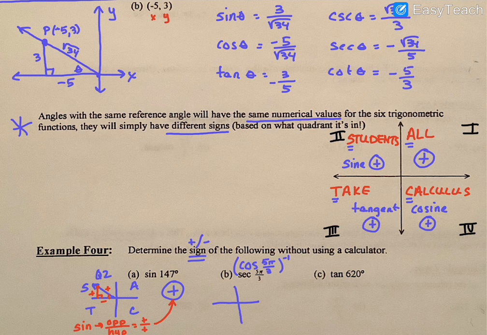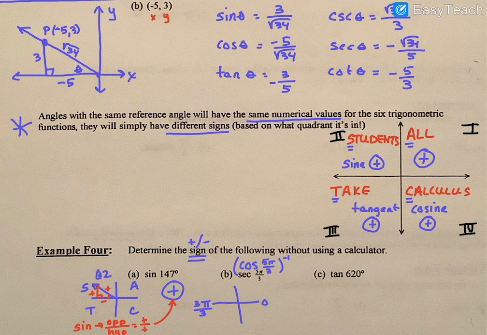Now, here's the tricky part. Where is 5 pi over 3? Think in thirds here. This, of course, is 0. Over at the left is 1 pi. What is 1 pi in terms of thirds? Realize that is 3 pi over 3. As we go around, we would go past 3 pi over 3.